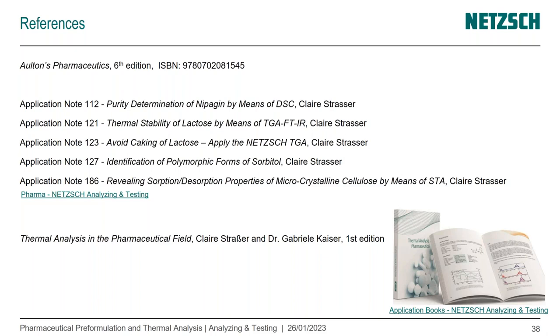You can also get information about the theoretical background of each of these techniques, not only DSC and TG, but also thermomechanical analysis and dynamic mechanical analysis. So you can have a look on our website as well.